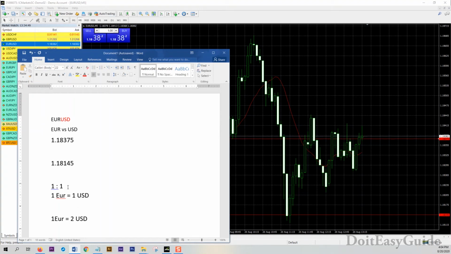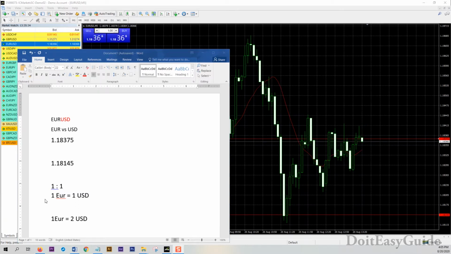So we can write this as Euro USD, 1 euro equal to 1 USD, that means the value is 1.0000. So 1 euro is equal to 1 USD.